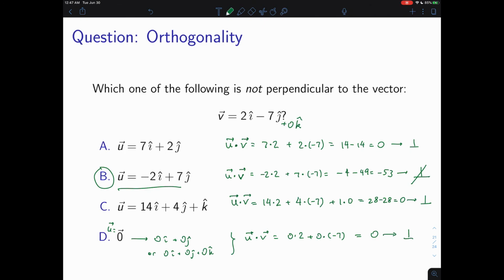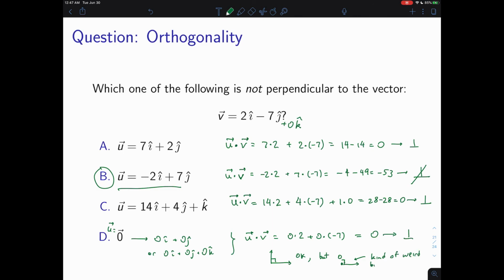A little bit weird to think about: if I write two vectors like this and I say they're perpendicular with a 90-degree angle, that's okay. If one of them is 0 and the other one is a vector, then I would say those are perpendicular.